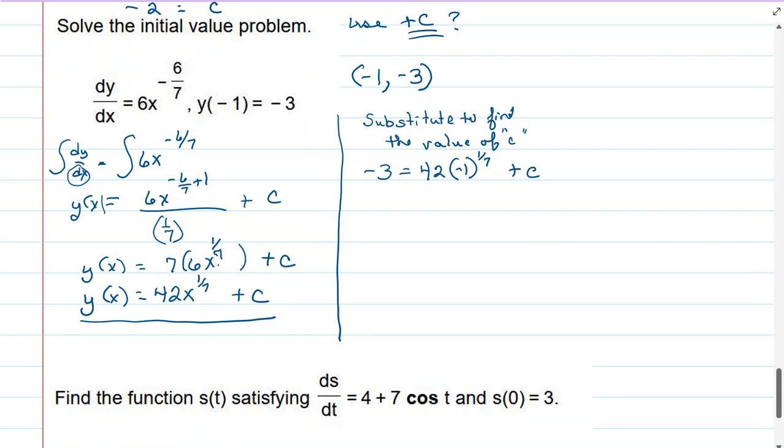Well, the 1/7 of -1, because it's odd, is -1. So I'm going to add 42 to both sides. I think I get 39. Thank you. Just making sure. You know how I am. I think I know and don't know.